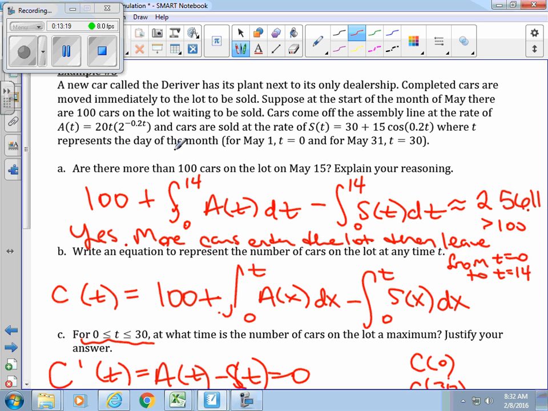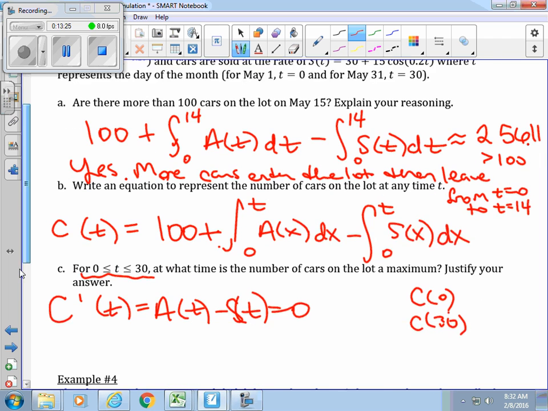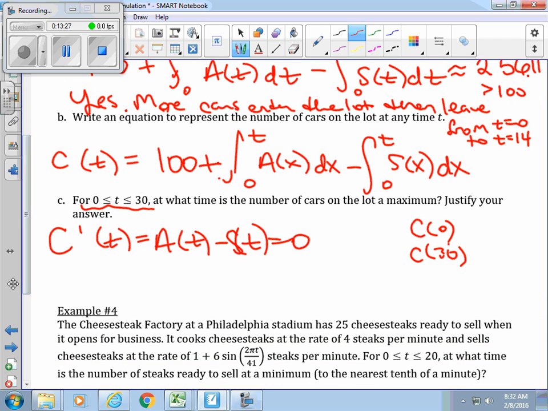Again, it doesn't matter if you just set them equal or if you subtract one over and do equals 0, you'll get the same answer.